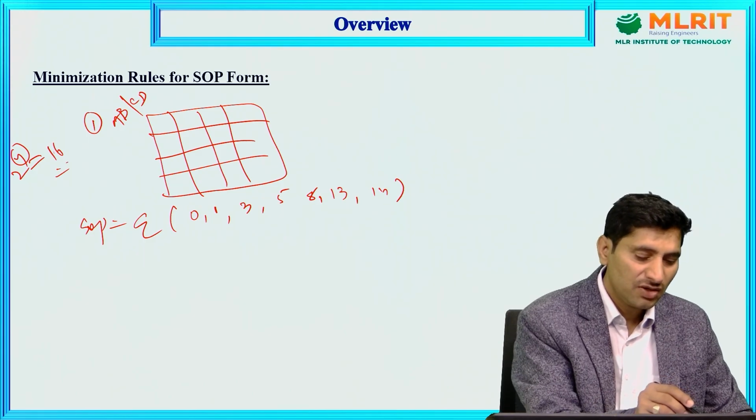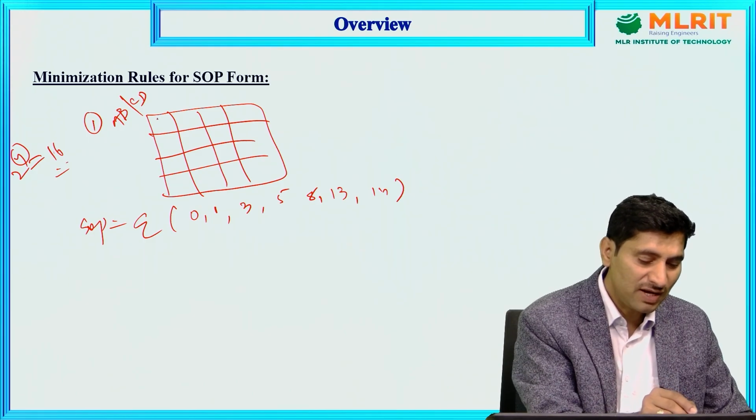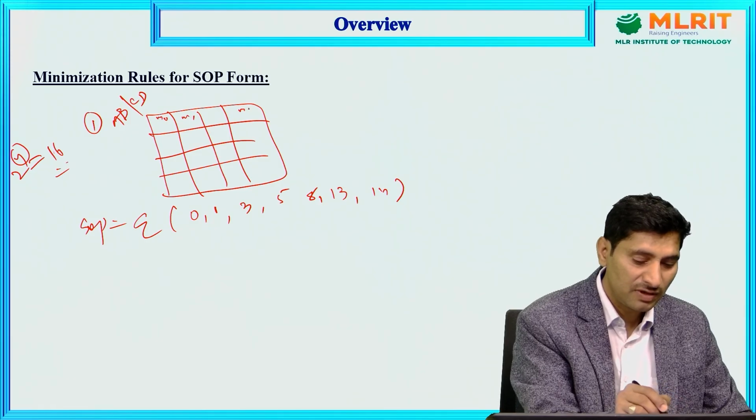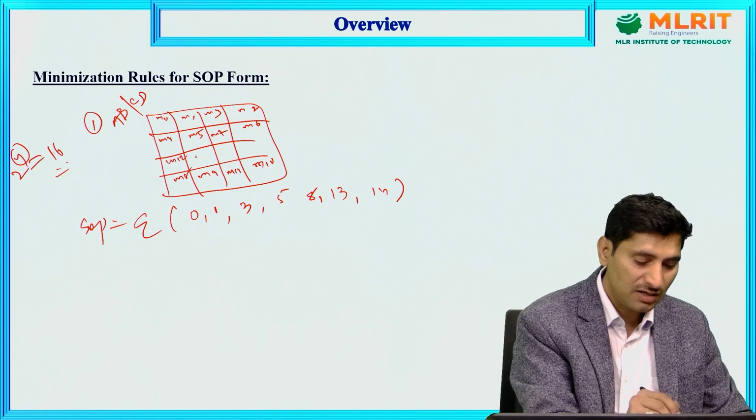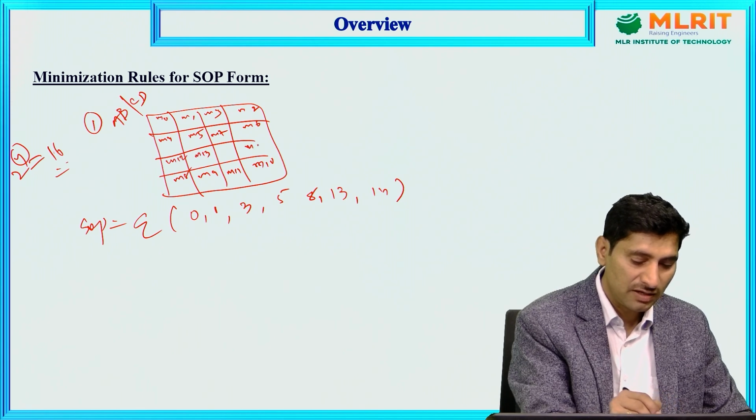Okay. So here, this is what? M0 term, M1, M2, M3 term, M4, M5, M6, M7. This is M8, M9, M10, M11 term, M12, M13, M14, M15 term.